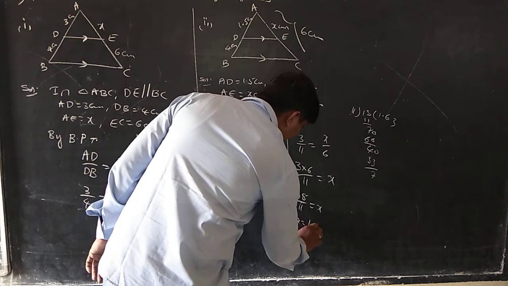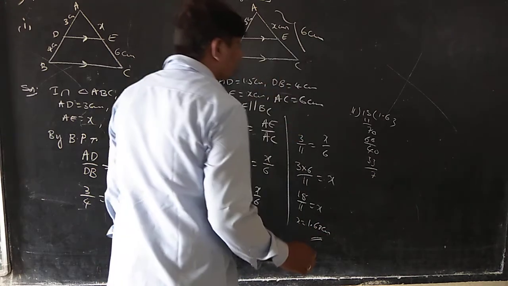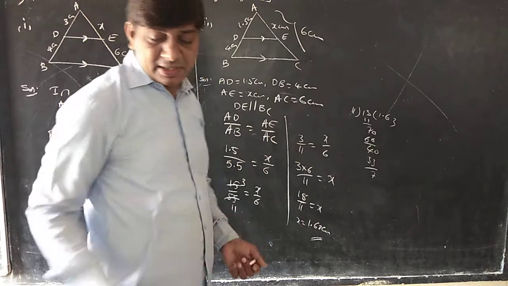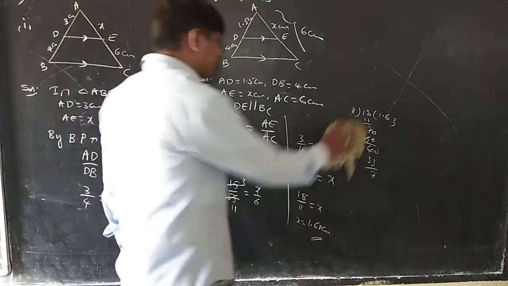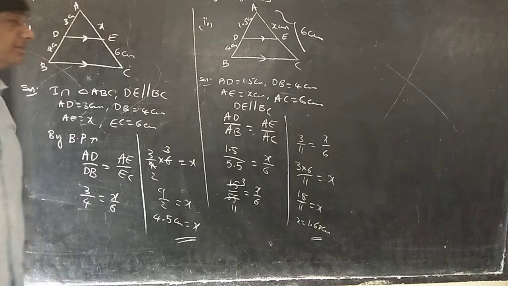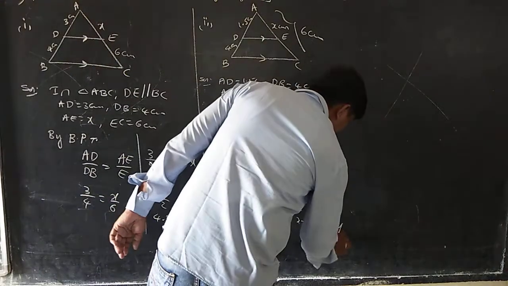X is equal to 1.63. Okay. X is equal to 1.63 approximate value. Okay, please note down this one. This is only approximate value, sir.